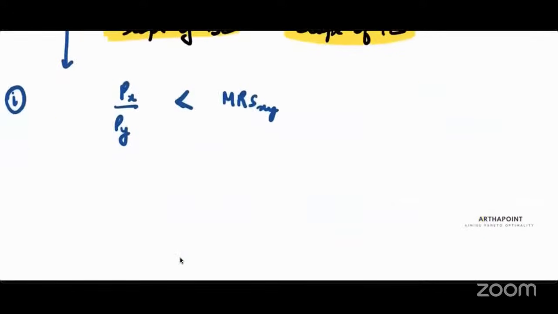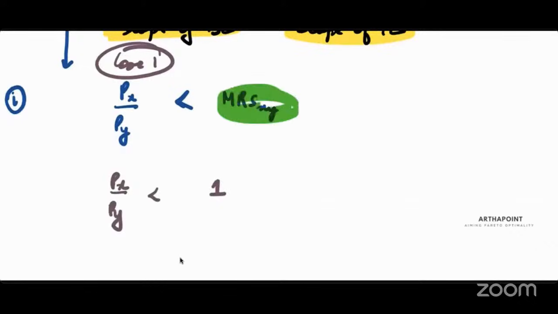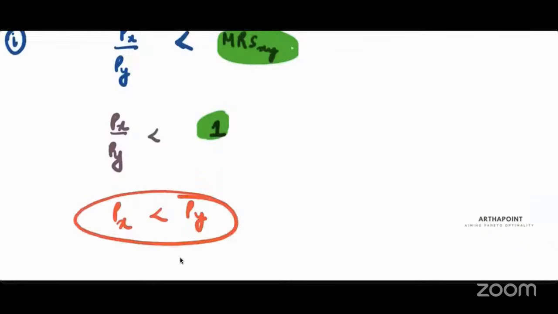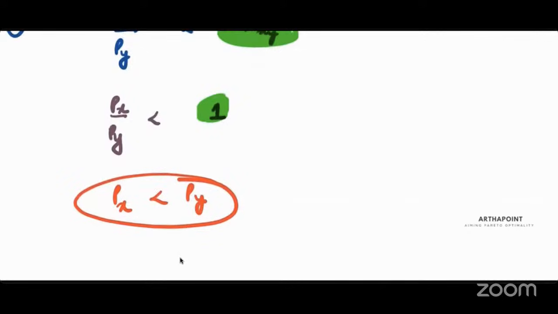So, my first case is when Px by Py is less than MRS. Here, I can rewrite this as Px by Py less than 1 because my MRS is just 1 in this case. This gives me Px less than Py. And this tells me that whenever price of good X is less than price of good Y, and because they're substitute goods, you can either use X or Y. You can either use a ball pen or a gel pen.